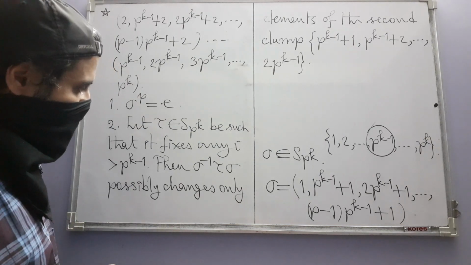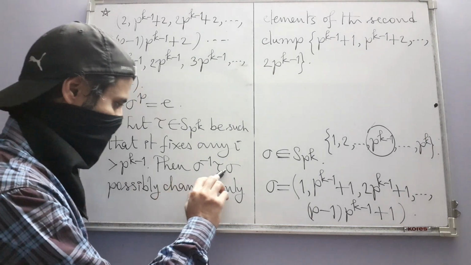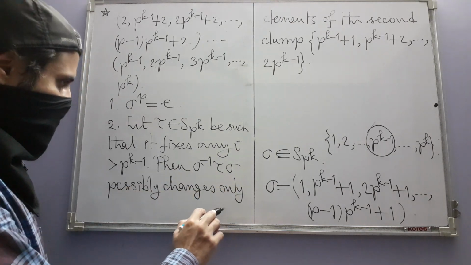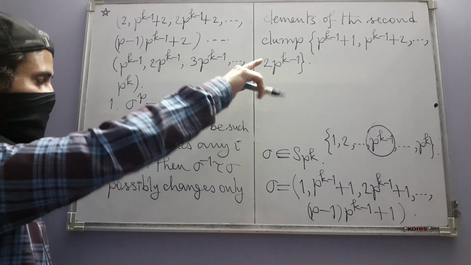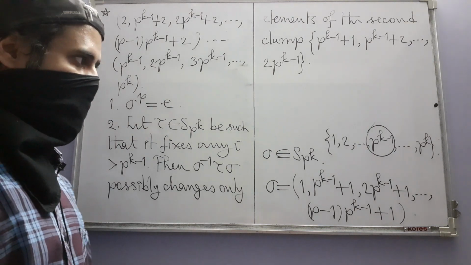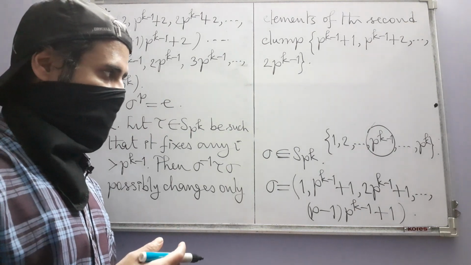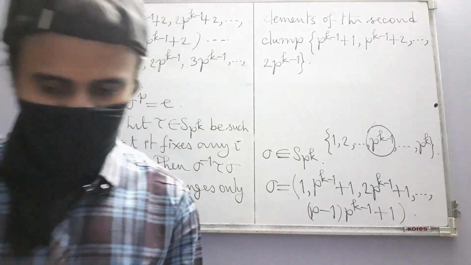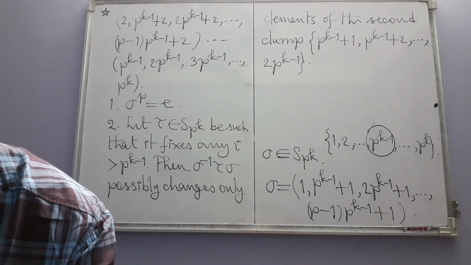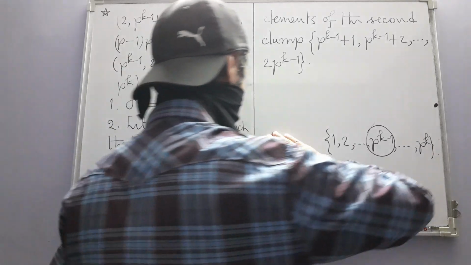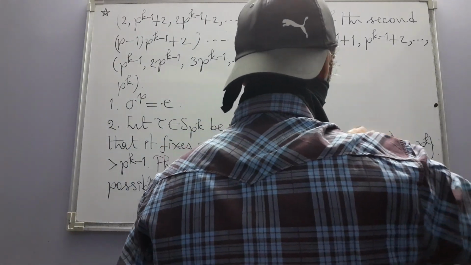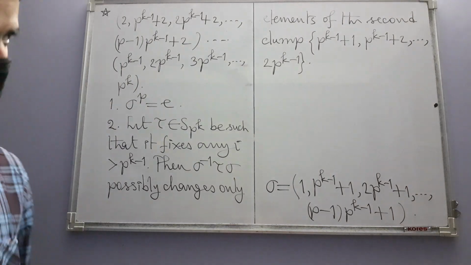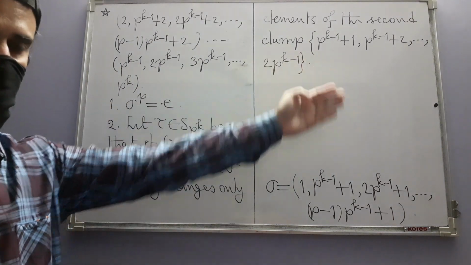Then what we are saying is that sigma inverse tau sigma, this conjugate element, possibly changes only elements of the second clump. It does not change elements of any other clump. Why? To see that, we have to briefly again write down the clumps. The second clump we already see here.